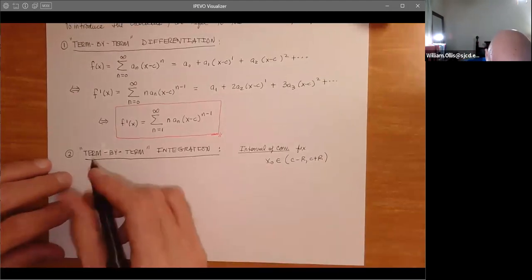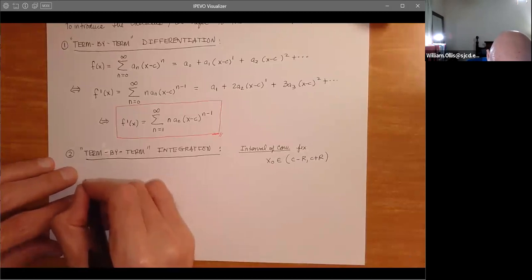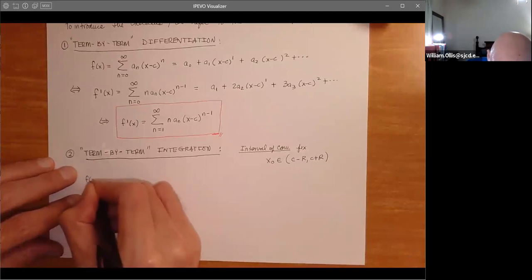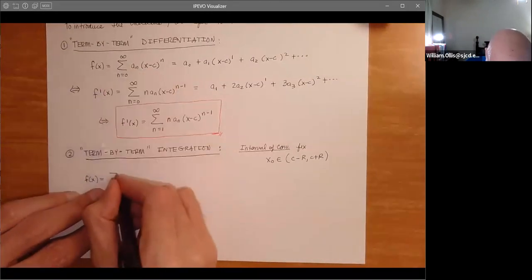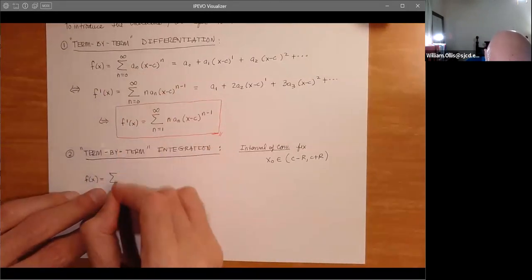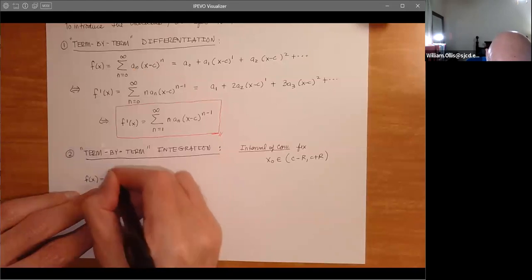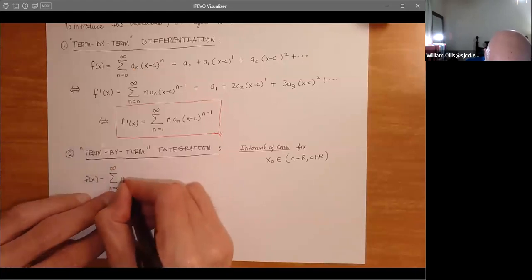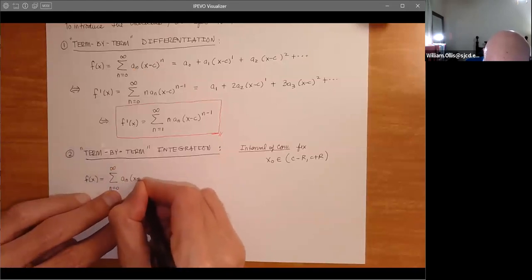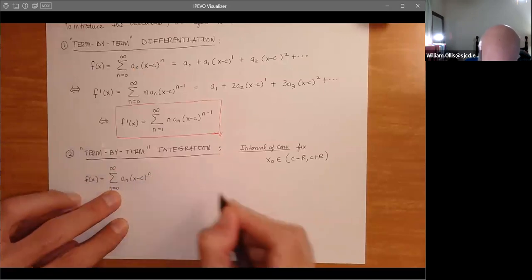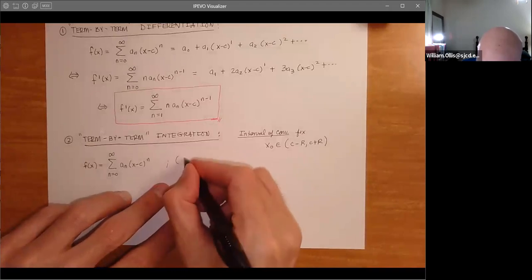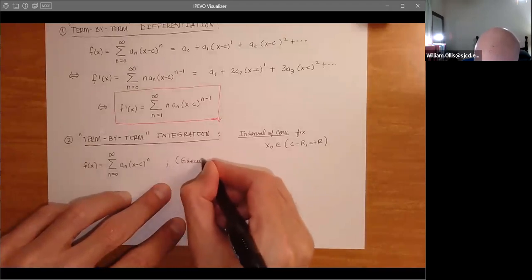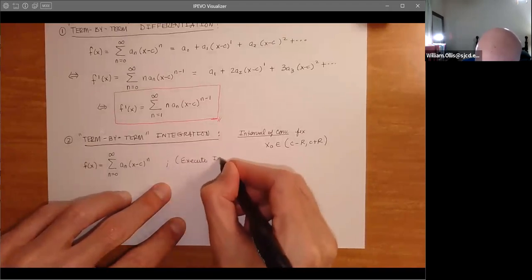So now when we think about this, we'll say, okay, well, we have f of x equals the sum, we'll do the same thing we did up here, ladies and gentlemen, just use the x minus c just to make it more general. n equals 0, a sub n, x minus c to the n. And so we're going to execute indefinite integration.